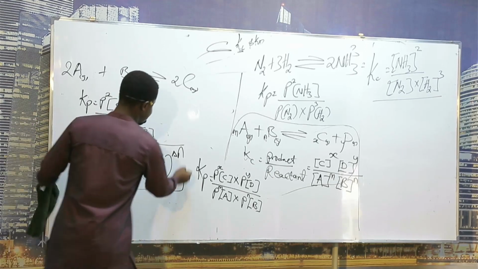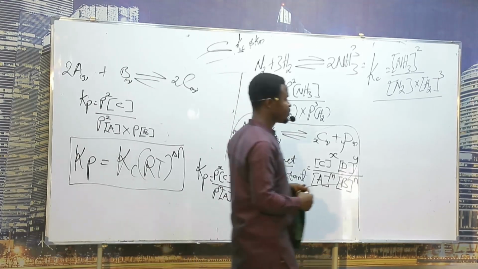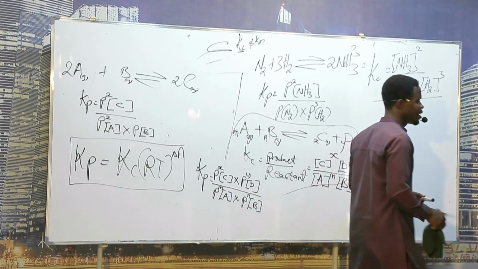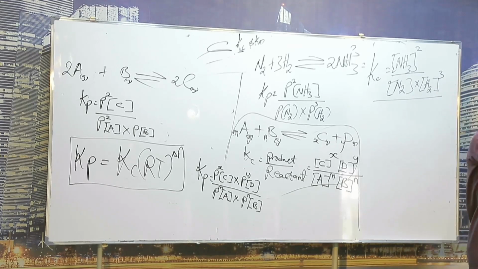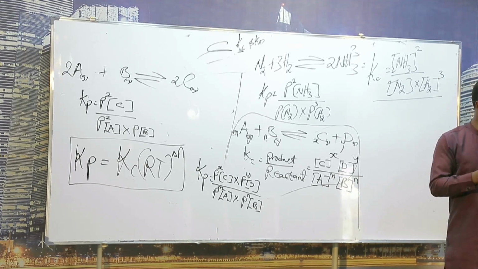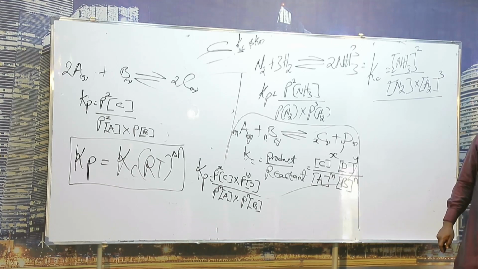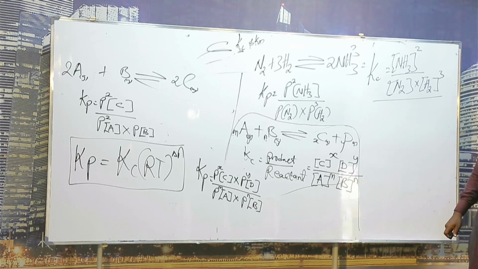Just write it like this. For reactions involving ideal gases, Kp is equal to Kc (RT) raised to the power of change in n.